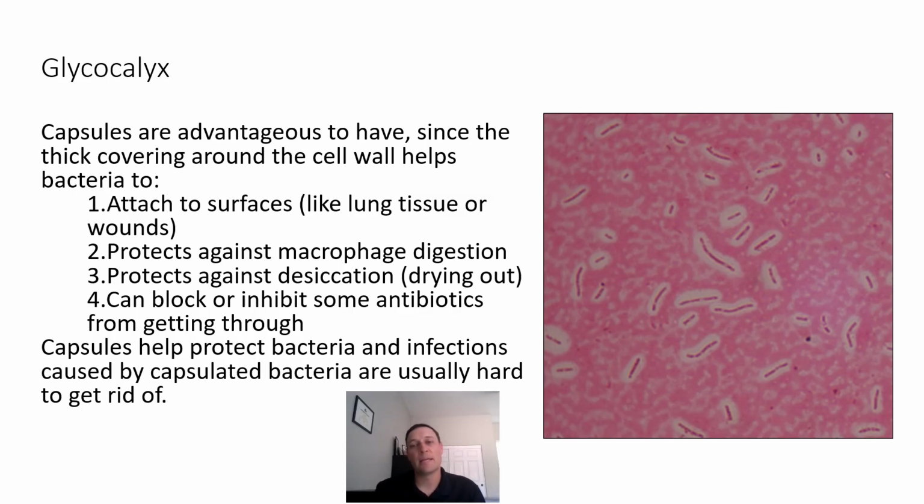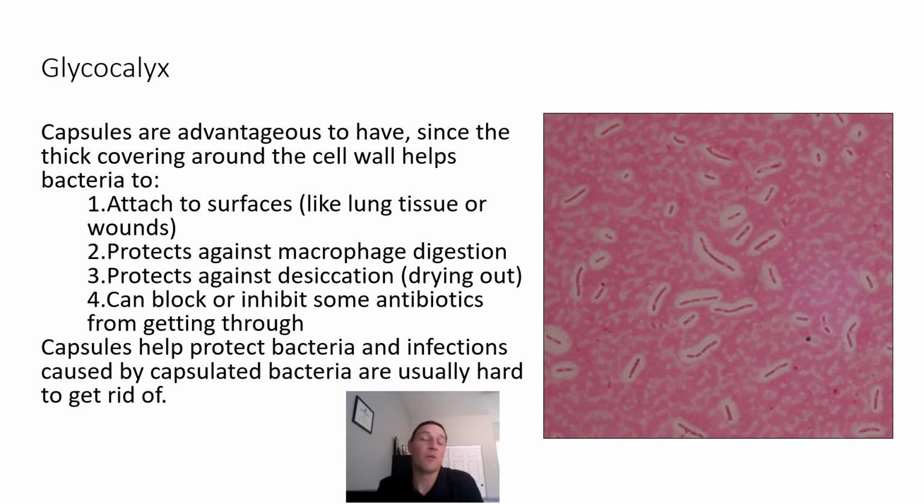Capsules help bacteria to attach to surfaces, making it harder for them to just be washed away or go somewhere else. You can see this especially in the lungs or within wounds. They also protect against macrophage digestion, which is something we'll focus on when we cover immunology in Unit 4. But for now, you can think of this as a type of camouflage from our immune system.